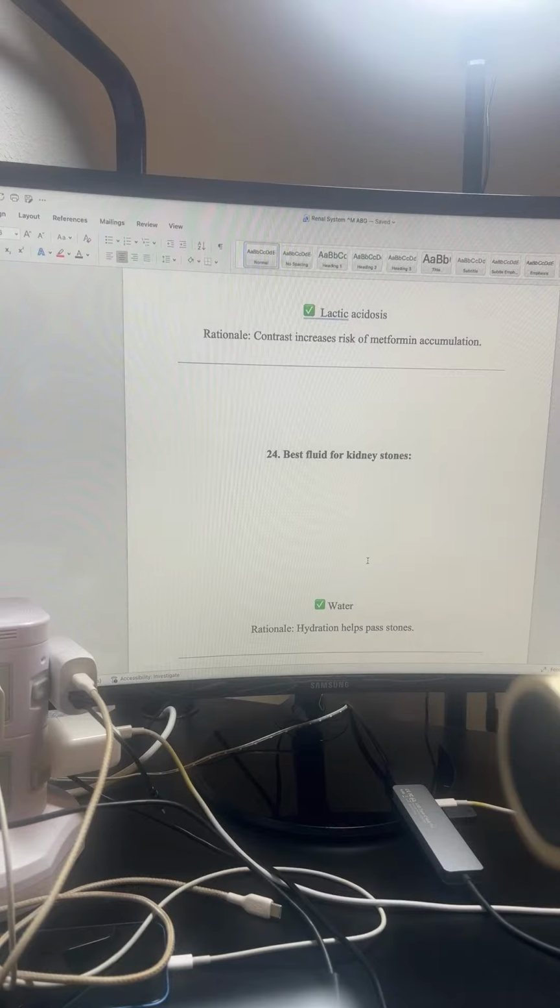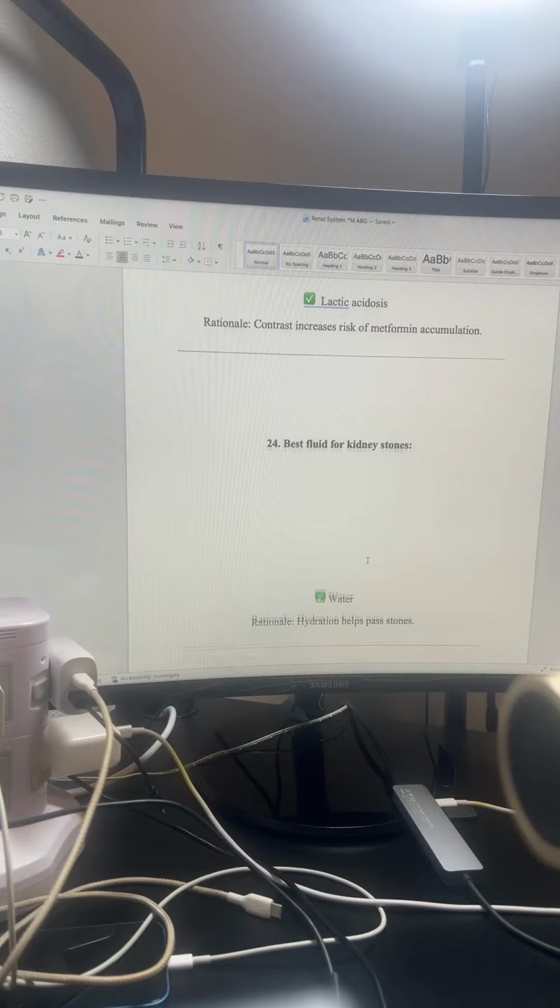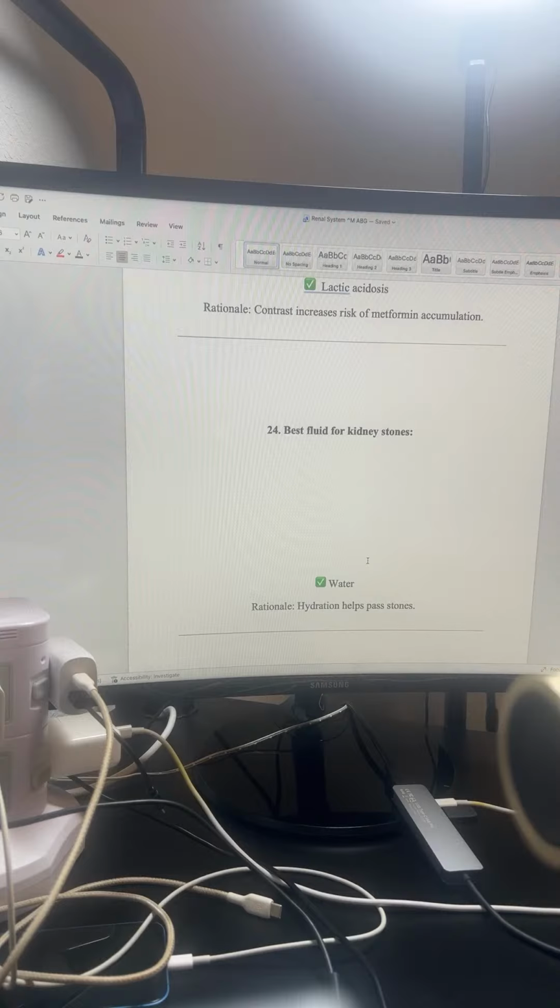Water is the answer to everything. Normal saline to be safe. Yeah, so always make sure you know the fluids. Isotonic fluid is fine. Dextrose, no. Water is always the best, all right? Or you get the same concentration as the blood, which is isotonic saline. But always encourage a lot of fluids.